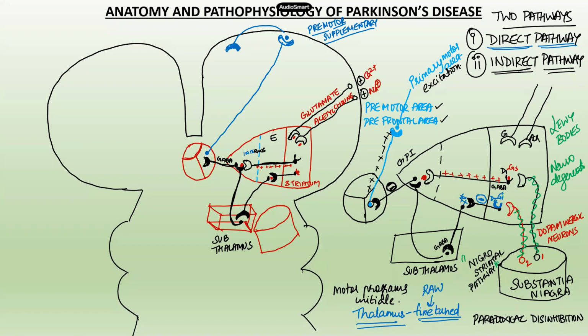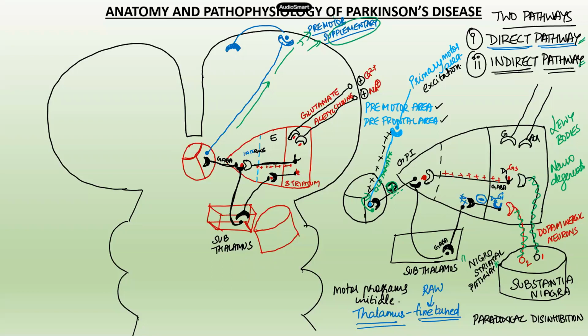And when that happens, the complete opposite effects occur in the direct pathway and the indirect pathway. Instead of this particular neuron getting inhibited, it gets activated. And when it gets activated, it will release GABA over here and inhibit the glutamate neuron over here. When this excitatory neuron is inhibited, it won't be able to send impulses to the premotor area and the supplementary motor area.